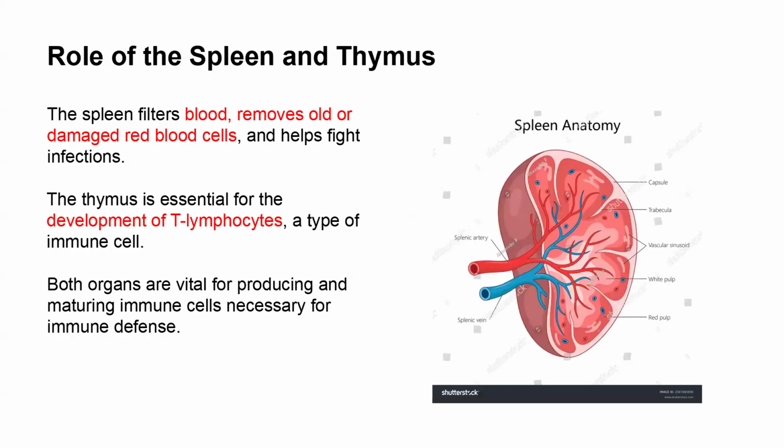And this is the anatomy of the spleen, where we have capsule, trabeculae, vascular sinusoids, white pulp, red pulp, and we have the splenic artery, and then the splenic vein. So this is the structure or the anatomy of the spleen.